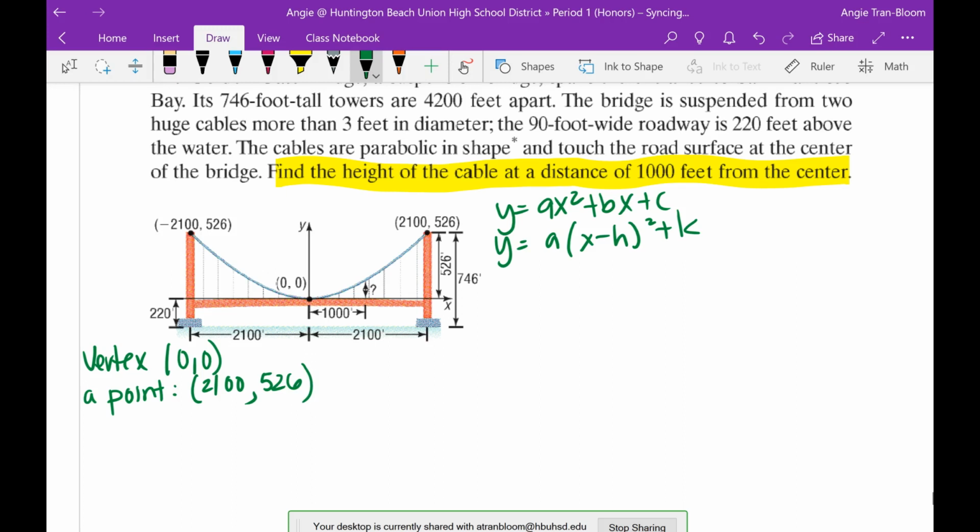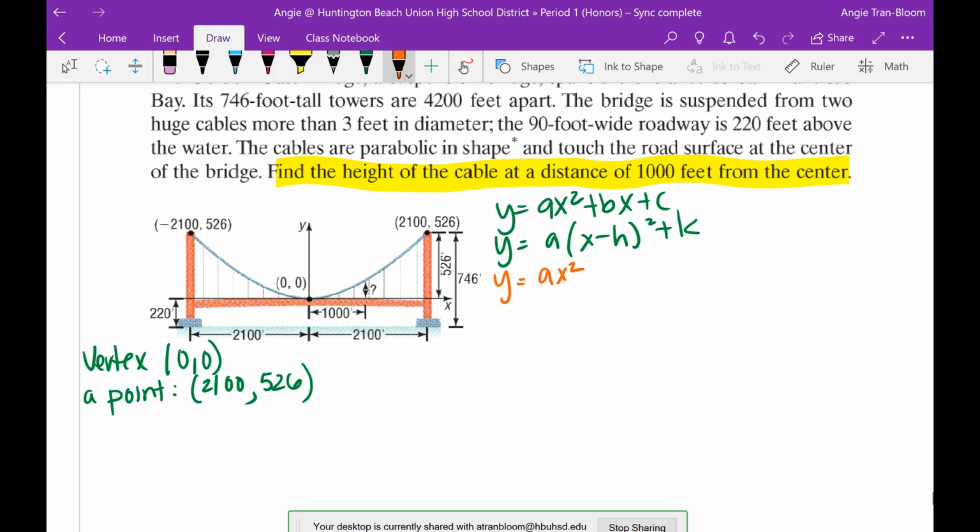If you look at this, which one's easier to use, the first form or the second form? Second form, because h and k are both 0. Okay, sounds good. y equals a times, since h is 0, can I just say x squared?